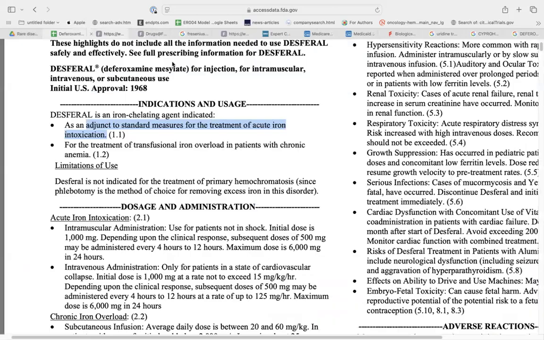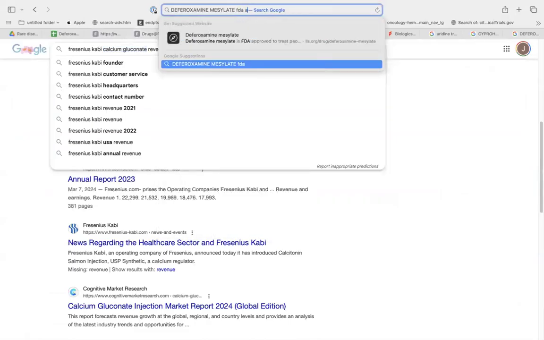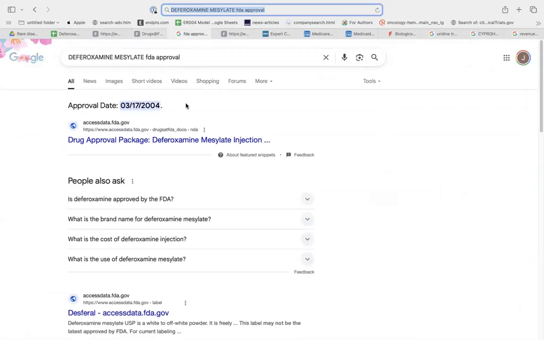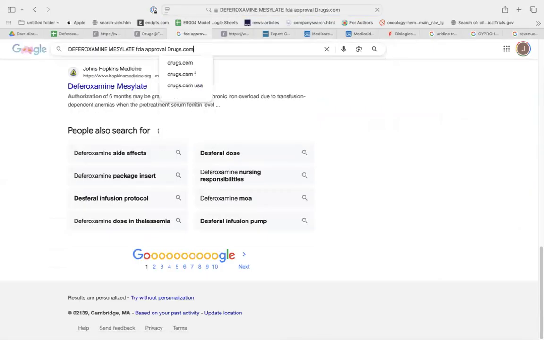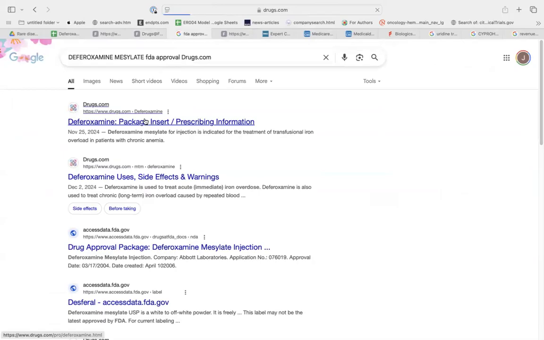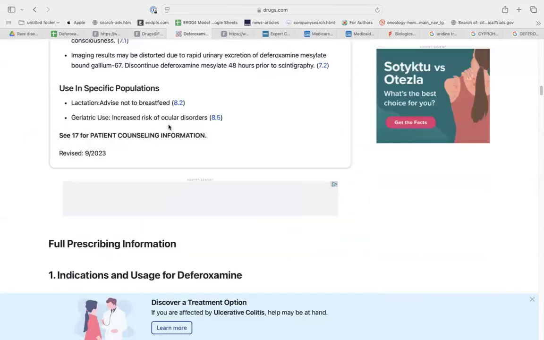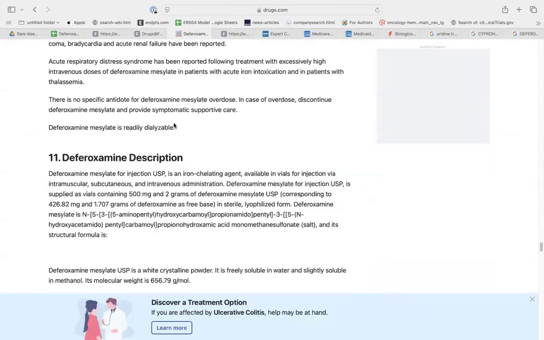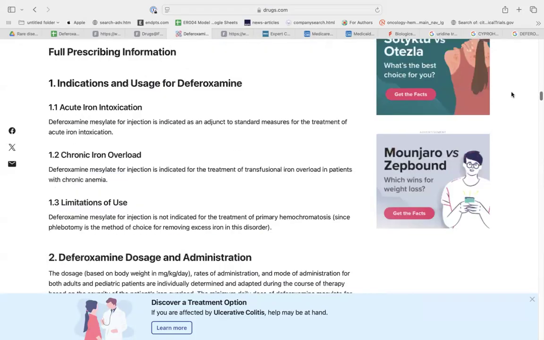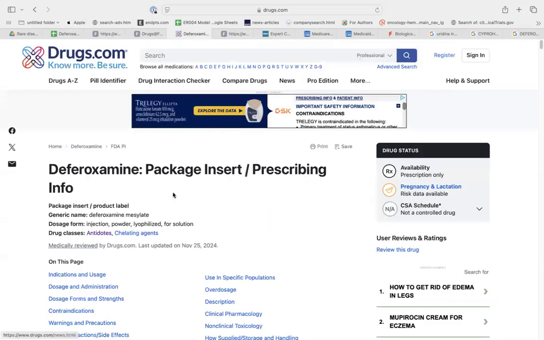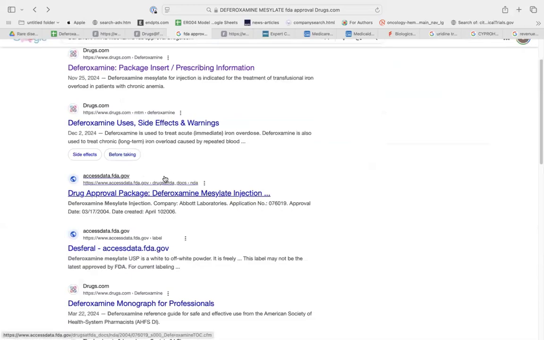Or you know what? The way I want to do this is I'm going to go to a different website. Sometimes this gives me the day of approval, which is really what I'm looking for. But maybe it doesn't have it for one of these more niche drugs.